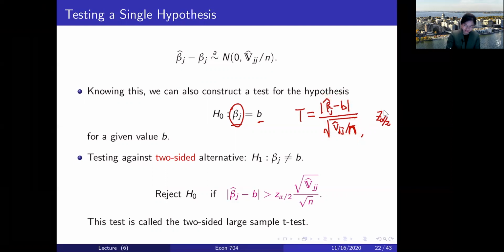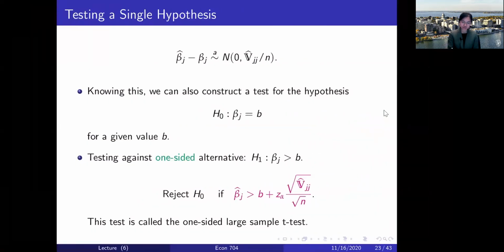So the test, as we have done before, can be denoted by phi n of significance level alpha: reject the null if t is bigger than z alpha over 2. Or equivalently, the rejection rule is this: reject H naught if the difference between beta hat and the hypothetical value for beta j is bigger than z alpha over 2 times the standard error of beta hat. So that's a two-sided large sample t-test.